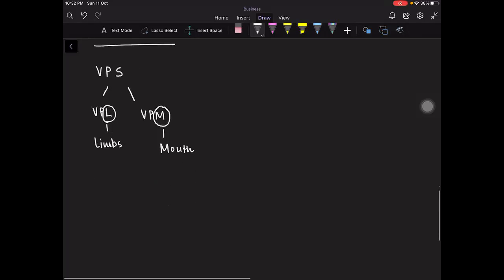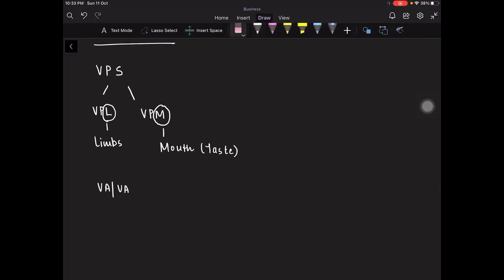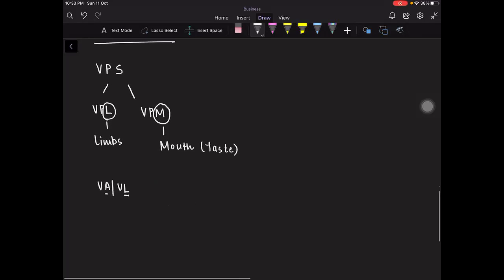All right. Also responsible for taste. Okay, and remember that the VA and VL, that is ventro-anterior and ventrolateral. Now, remember the letters A and L, and remember accelerator.